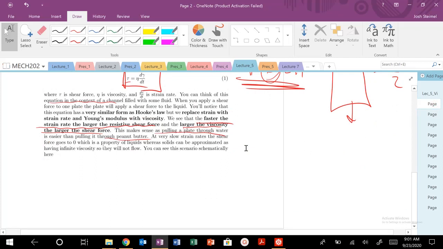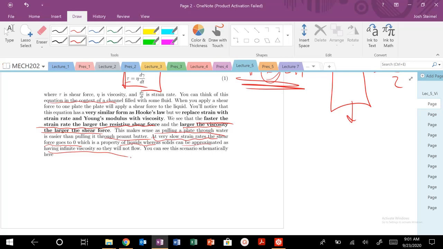And at very, very slow rates, as the shear force goes to 0, you basically can see the property of liquids, where solids can practice infinite viscosity, so they will not flow. We're going to talk a little bit later in this course about how, depending on your strain rate at really extreme values, if I pull infinitely slow, I can make a metal behave like a viscous material, a liquid.